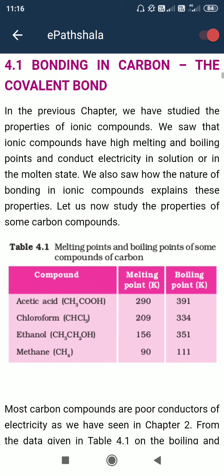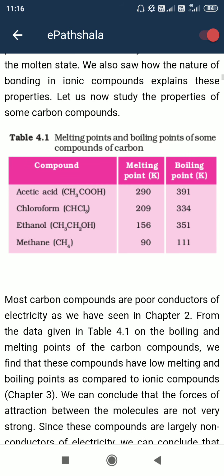So here see, bonding in carbon, the covalent bond. In case of a covalent bond, shared bonds are formed. So how can it be? One example is methane, CH4. What is happening here? 4 hydrogens, every hydrogen has only 1 electron. So 4 hydrogens in total are giving 4 electrons.